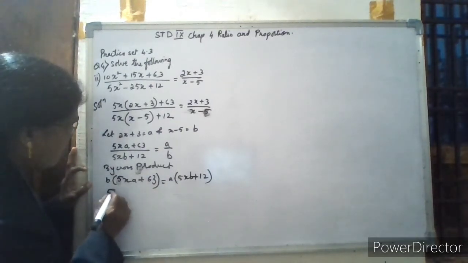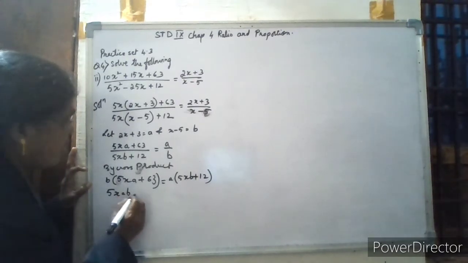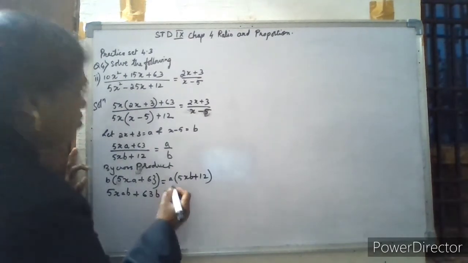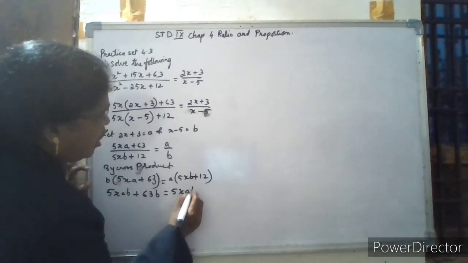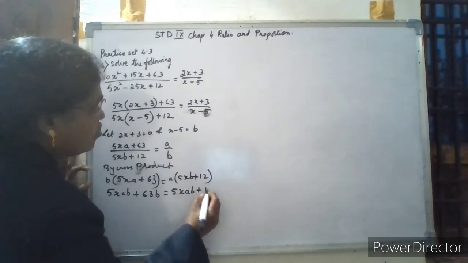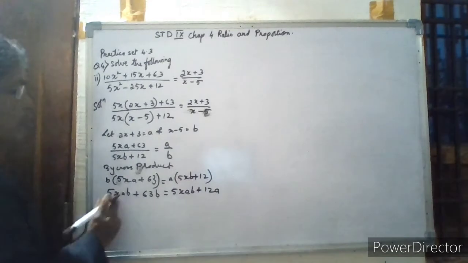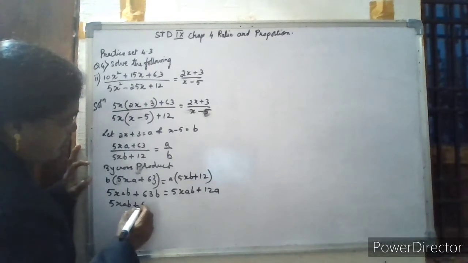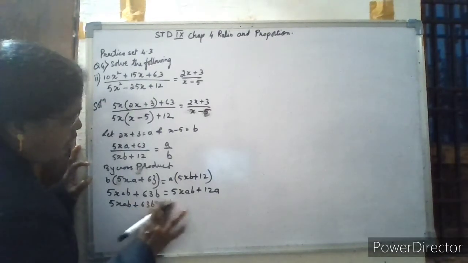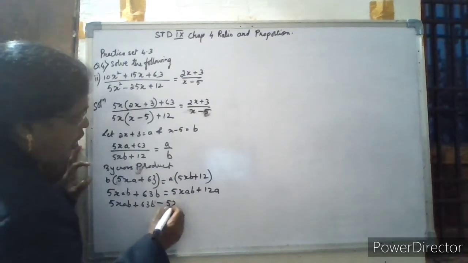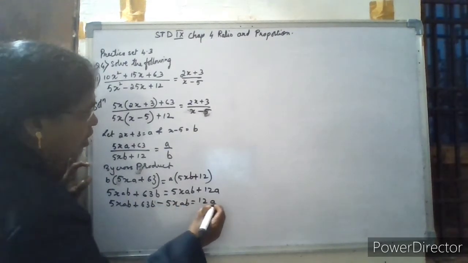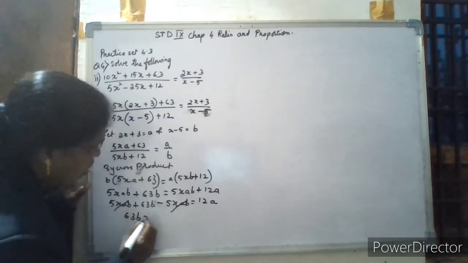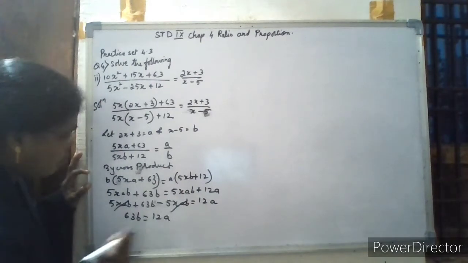So it will be 5xAB + 63B equals 5xAB + 12A. Now bring this side: 5xAB minus 5xAB, this and this get cancelled. We are left with 63B equals 12A.